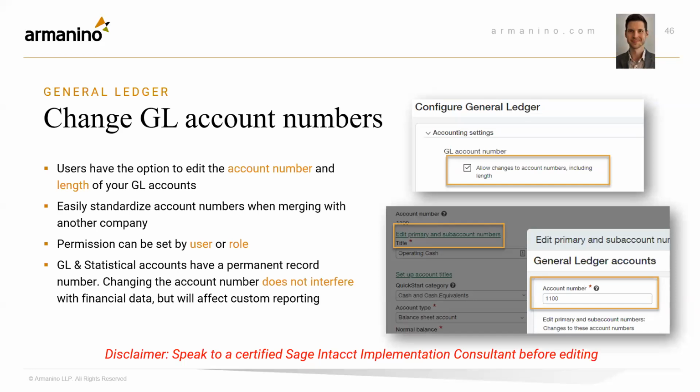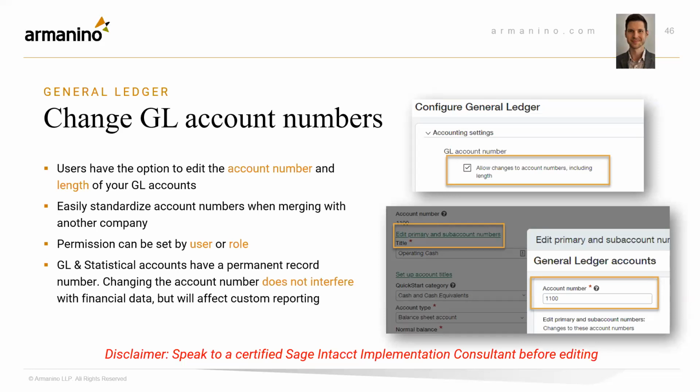This is permission-based and it can be set by user or role. And something to note is that it does not affect the financial data, as all GL accounts and statistical accounts have a record number that is hard-coded that cannot be adjusted.